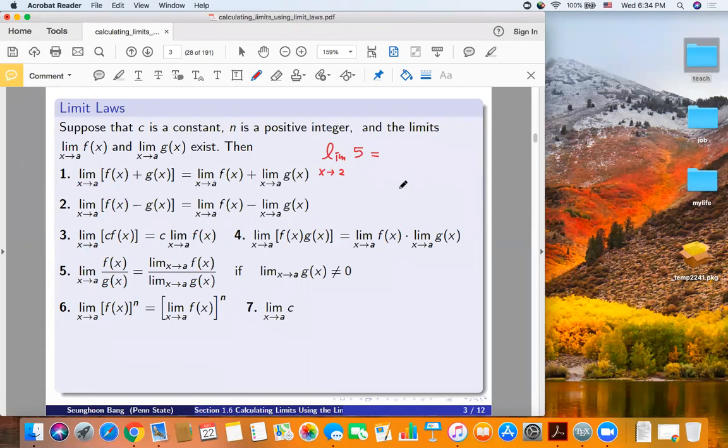Could you write your answer on the chatting board? Do you have any idea? 10. So 5 times 2 or something like that, or 10. What do you think? Do you have another answer?